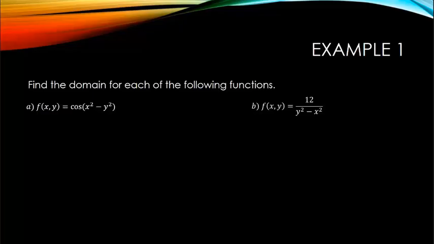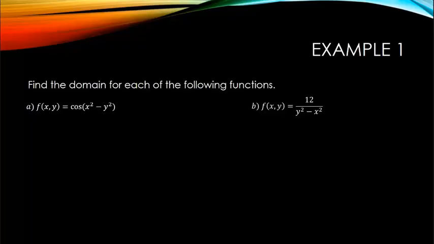Let's work some examples. I want to find the domain for each of the following functions. The first function is given by f of x, y is equal to the cosine of the quantity x squared minus y squared. The second function is given by f of x, y is equal to 12 divided by the quantity y squared minus x squared.